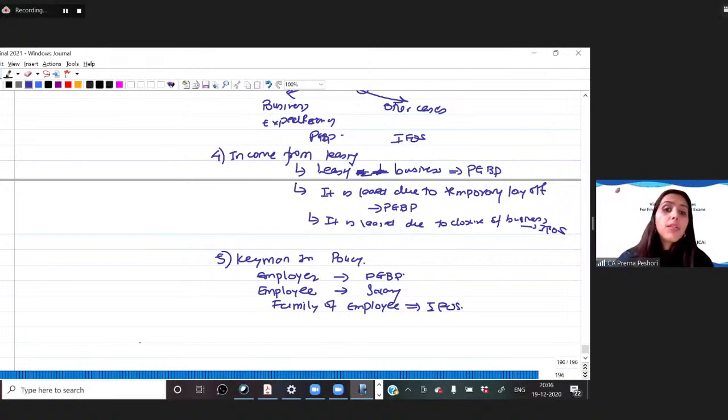He won the challenge in the district court, and some additional compensation was given by the government to the assessee, along with some interest under the Land Acquisition Act. Now, the question was whether this particular interest amount is taxable as income from other sources or as capital gain.